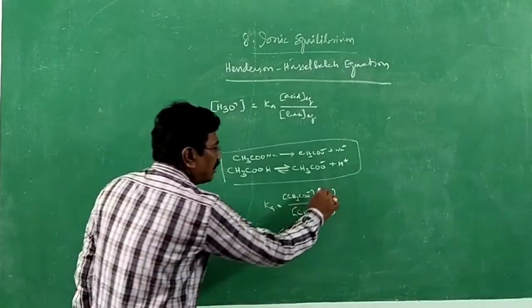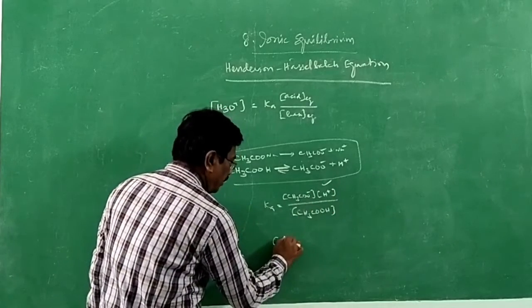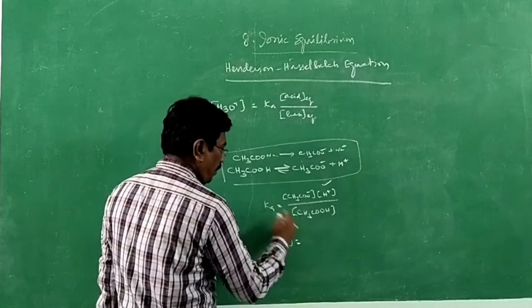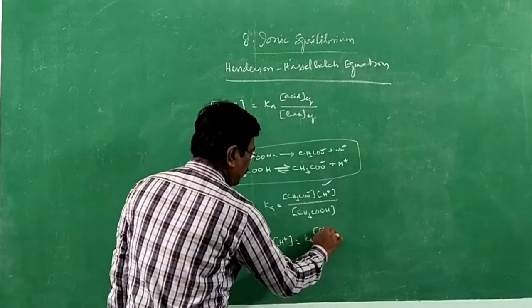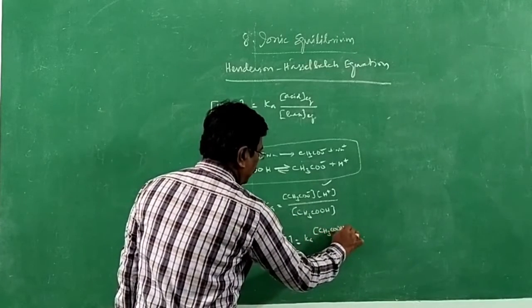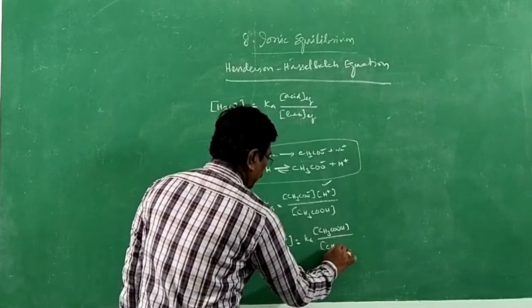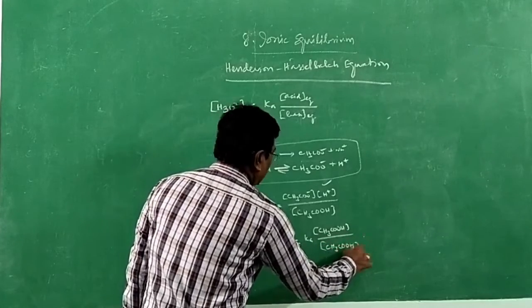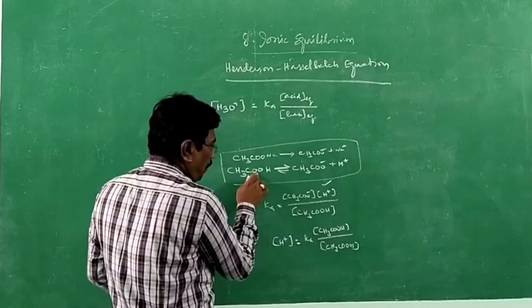Now, we want to get the hydrogen ion concentration. So, hydrogen ion concentration is equal to Ka into acetic acid concentration divided by acetate ion concentration. Acetic acid is nothing but the acid at equilibrium.